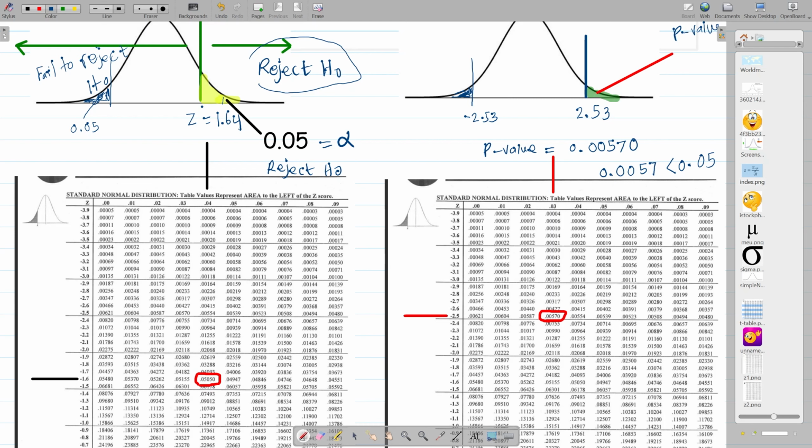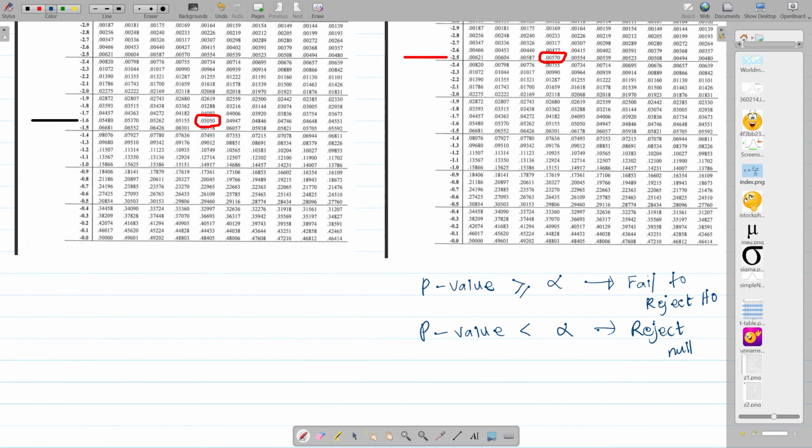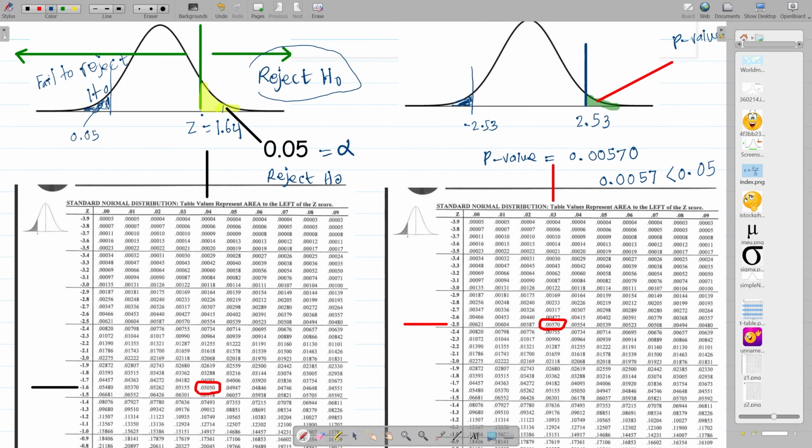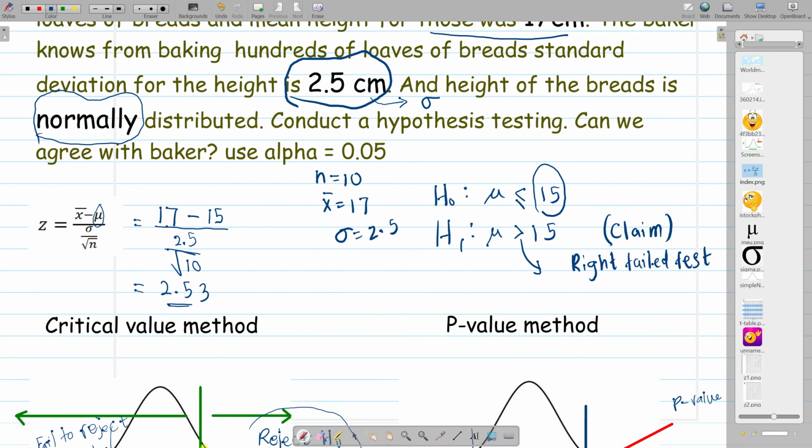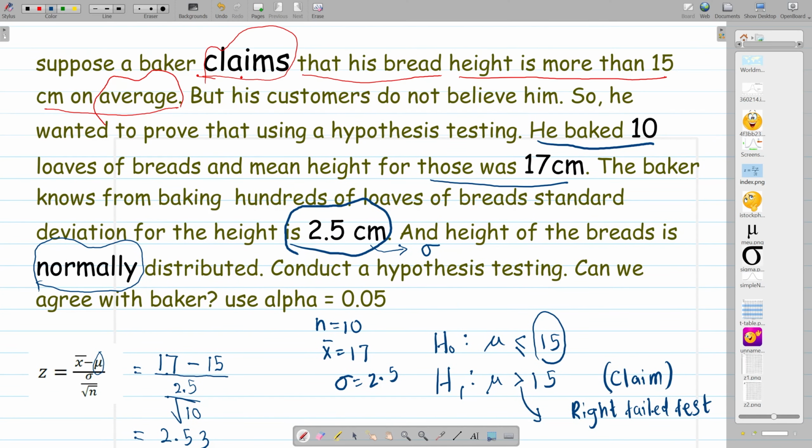So our decision is reject null because p-value is less than alpha. So according to that, we can say there is sufficient sample evidence to claim that bread height is more than 15 centimeters on average. Therefore, the baker's claim is correct. So we can agree with him, right?